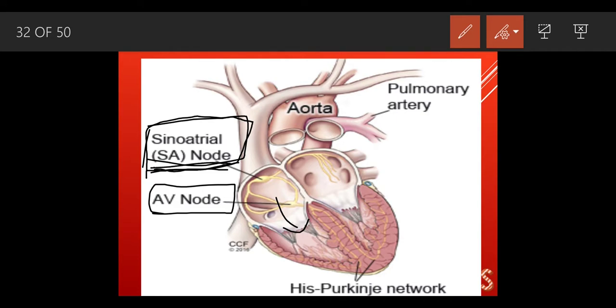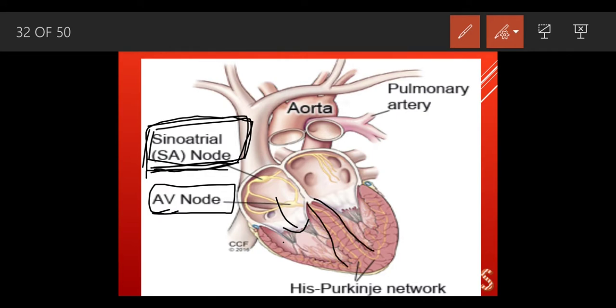When the first impulse is created by the SA node, where is this AV node present? Near the junction between the atrium and the ventricle. From this AV node there is a bundle of fibers called the bundle of His that arises out here. We can see the bundle of His.